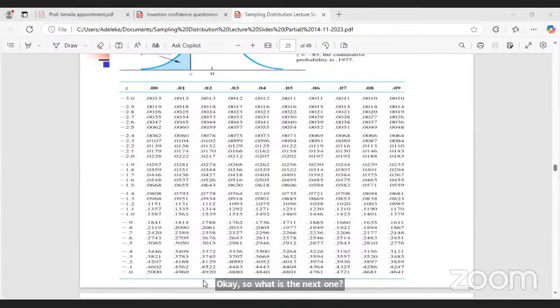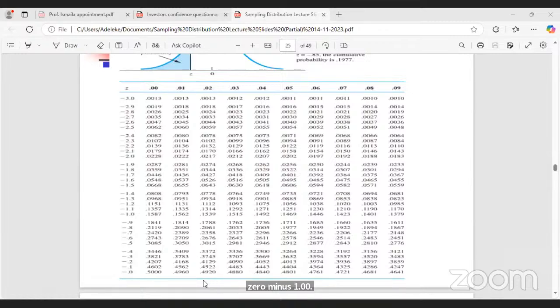0.1 minus 0.1, okay? Minus 0.1 without any value behind it is simply minus 1.0. Minus 1.00.